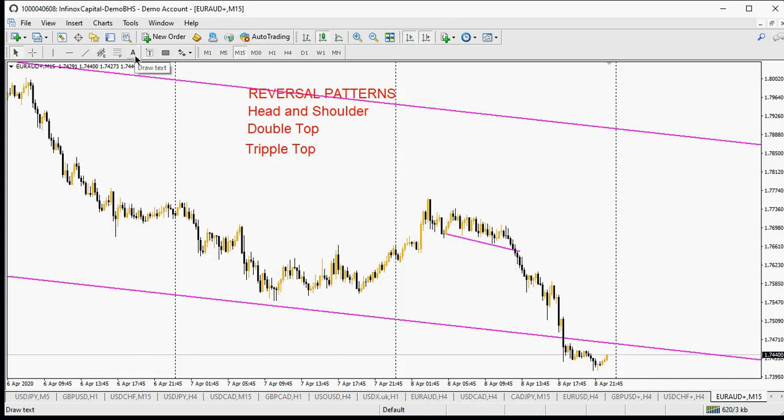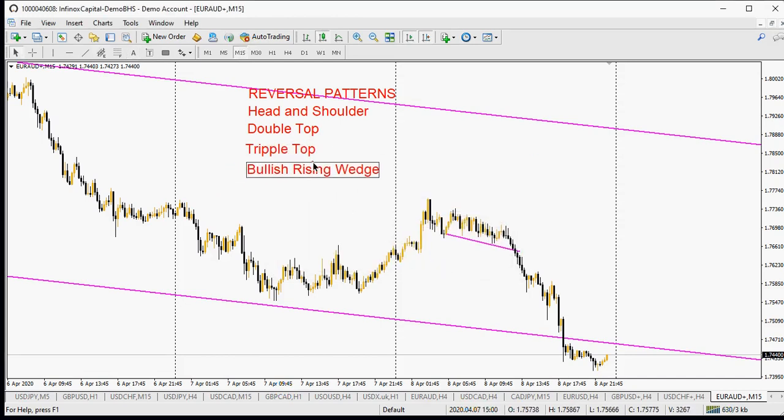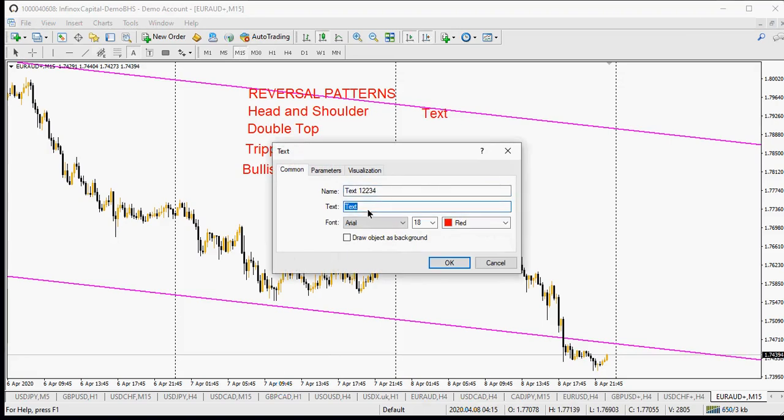Then we have bullish rising wedge. Then on the other side, this is at the top, but if the market is coming at the bottom, if the reverse is the case, we'll begin to see each pattern one by one.